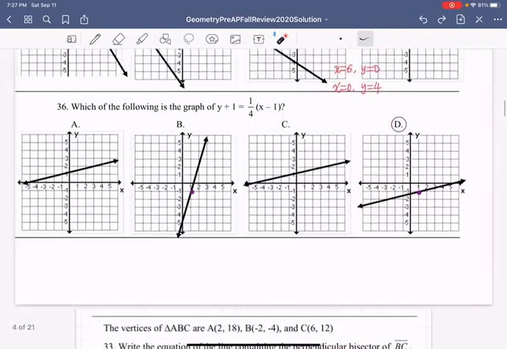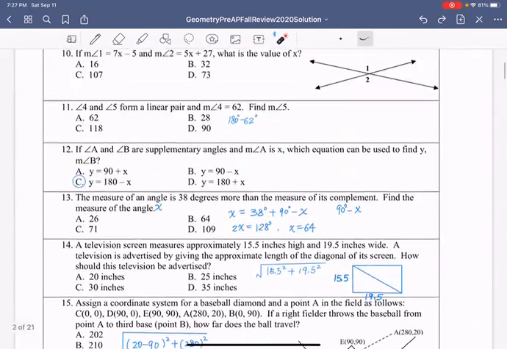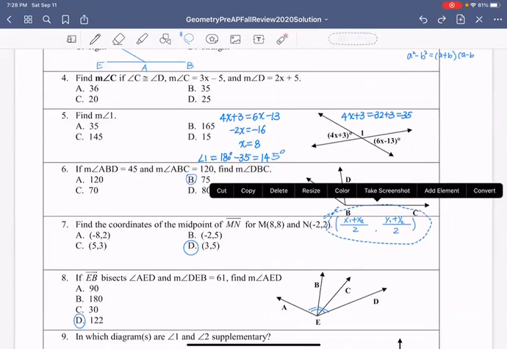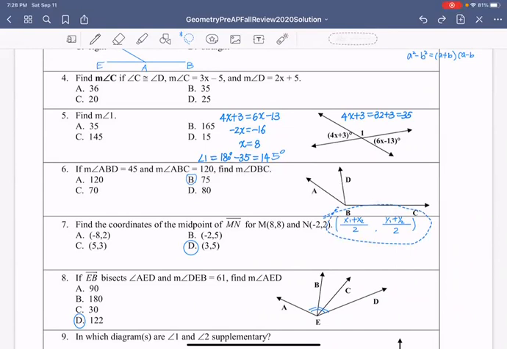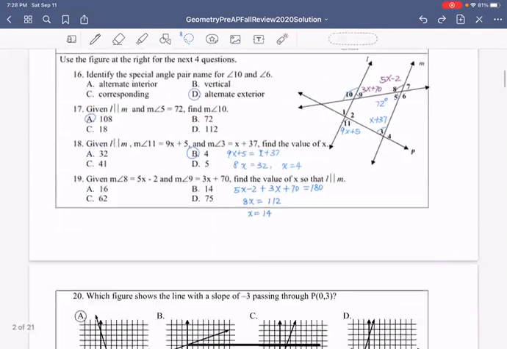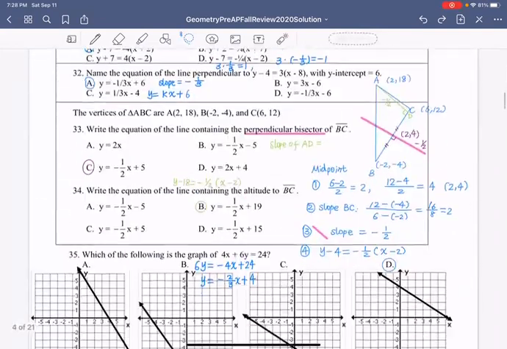Remember now? Read the formula, please. X1 plus X2 over 2. Y1 plus Y2 over 2. So to do this question, we had to do the midpoint formula.